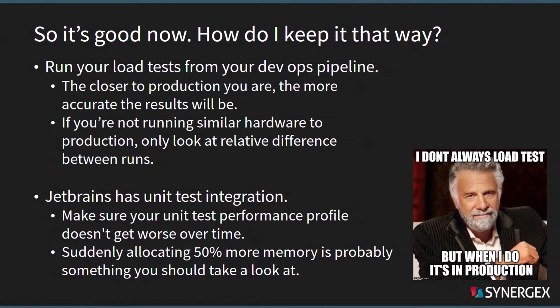So you used the profiling tools, you made it faster, you ran your load test again, made it faster. How do you keep it that way? Your load tests should be run from your DevOps pipeline. If you don't have a DevOps pipeline, work towards having one, because it can make your life a lot better to have your tests run automatically every time you do a build. If for no other reason, you can say, so-and-so just checked in this thing and there was a performance regression.